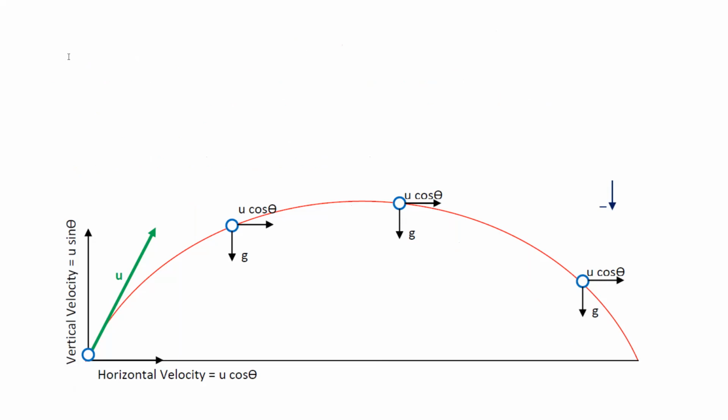Whenever we are solving for horizontal components, we will use a simple equation in which speed is equal to distance divided by time. Because horizontally there is no acceleration, we'll use a simple formula. Speed is distance over time.